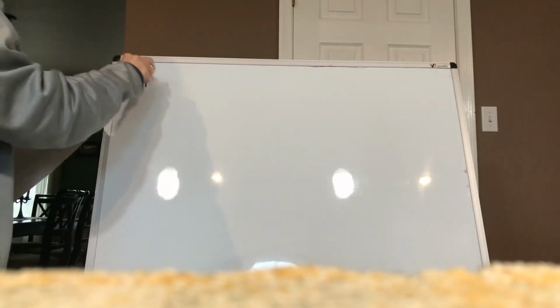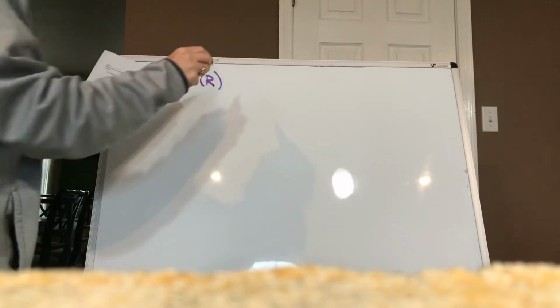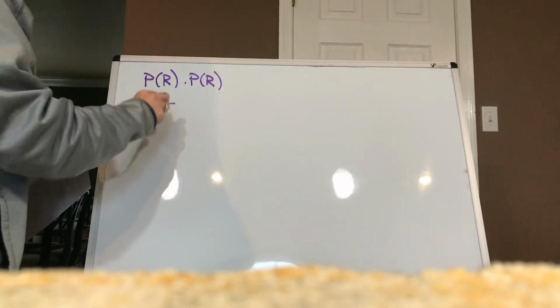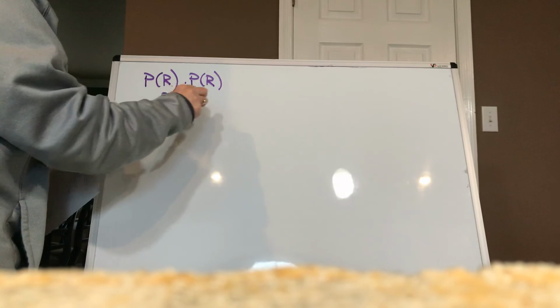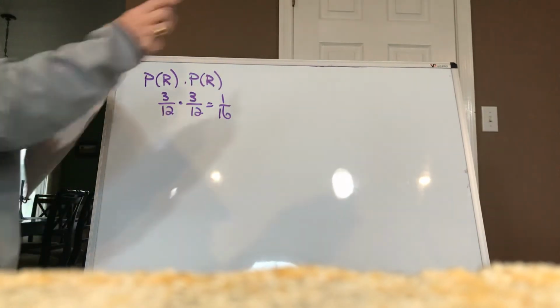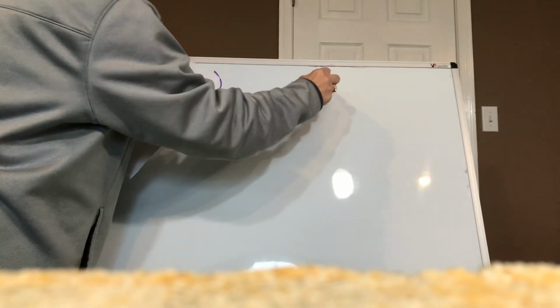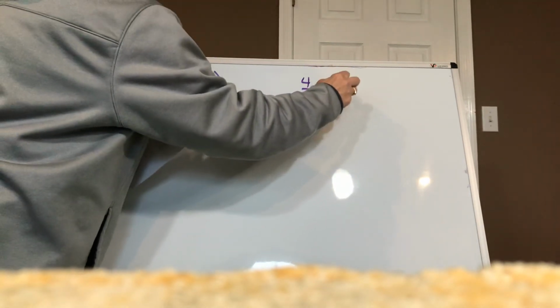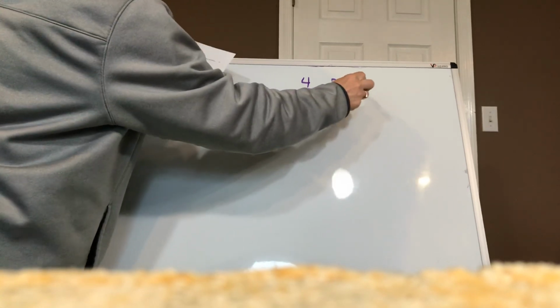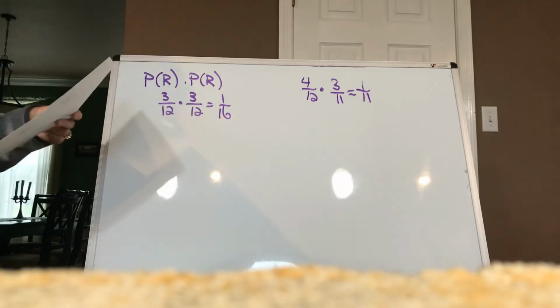So probability of getting a red times probability of getting a red is 3 out of 12 times 3 out of 12, which ends up being 1/16. The one that we had just done would have been 4 out of 12 times 3 out of 11. Ends up being 1/11. I'm sorry, I wasn't even looking at my numbers.